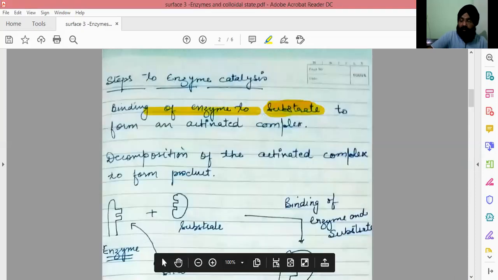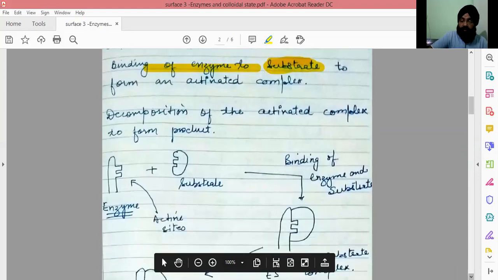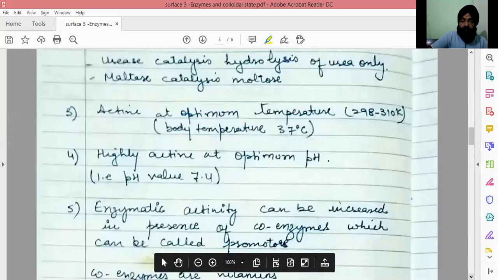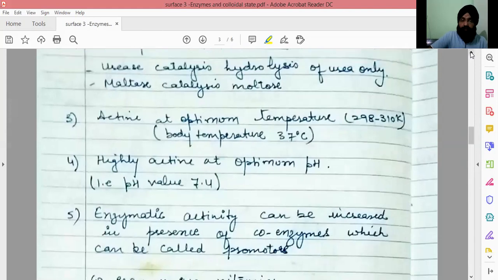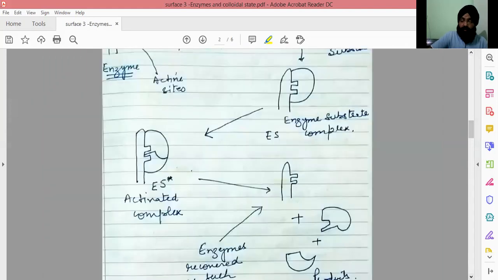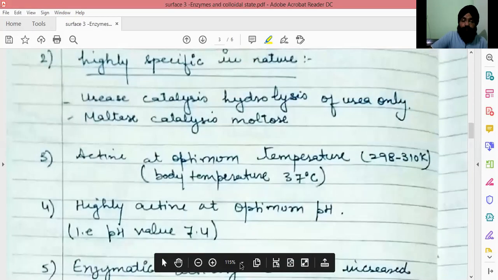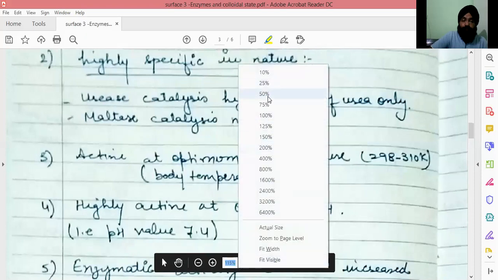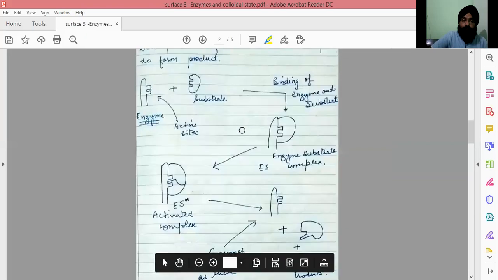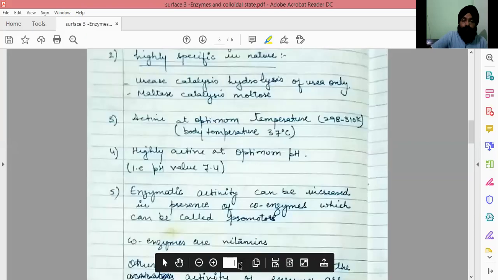Okay. Now the next is features of enzyme catalysis. So enzymes are highly specific in nature.